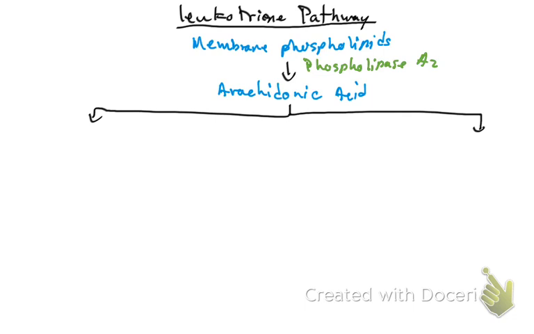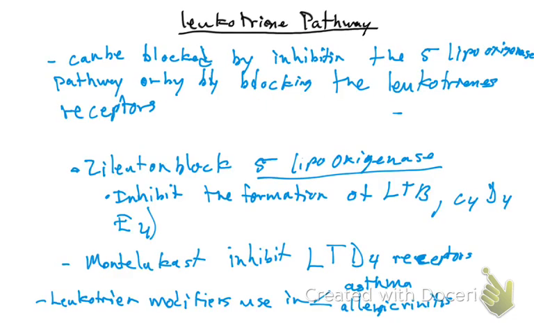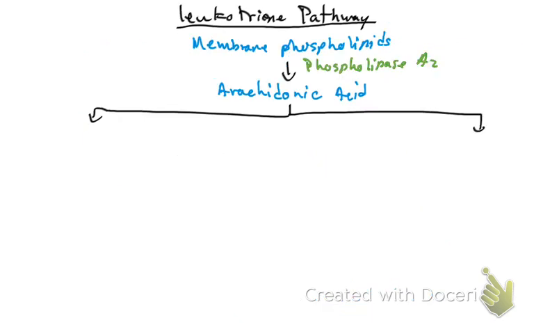And if you remember, we were talking about 5-lipoxygenase right here, which is the one that Zileuton is going to block. It is the enzyme that converts arachidonic acid to 5-HPETE.